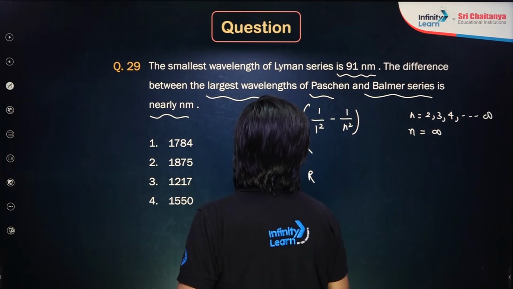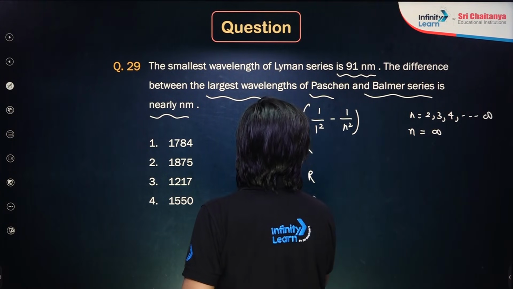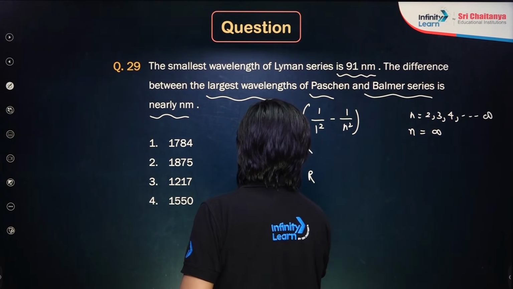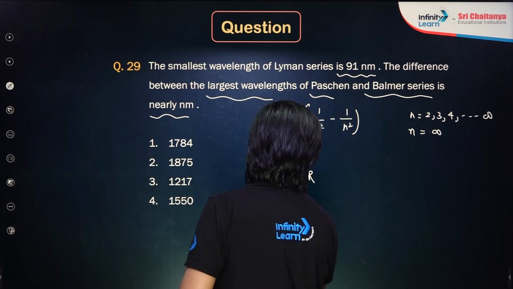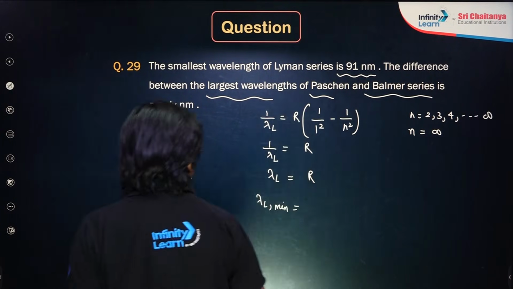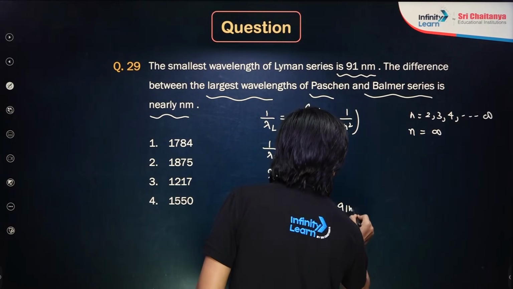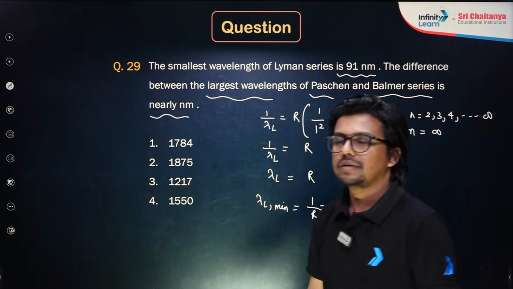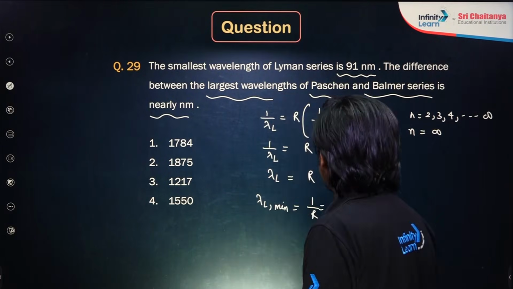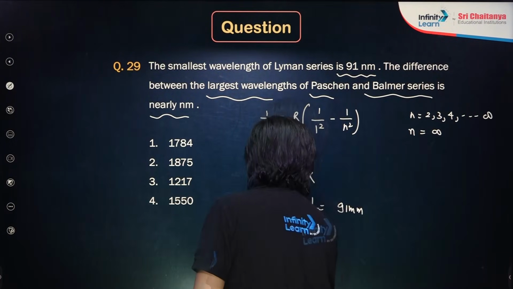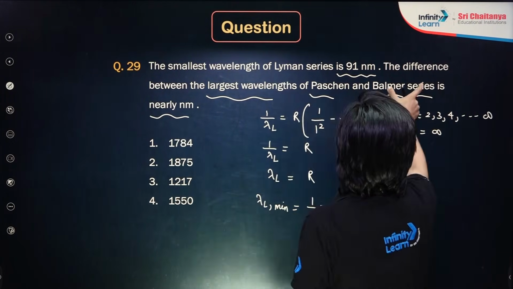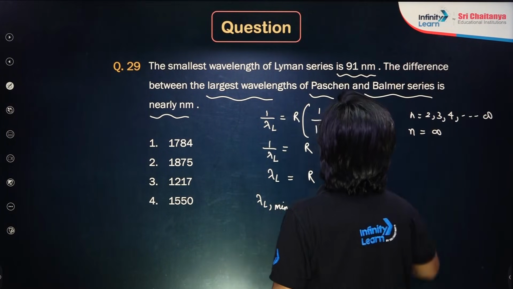Lambda L minimum is going to have this value, that is 1 by R, and it is equal to 91 nanometer. That is one equation I have. Now the difference between the largest wavelengths of Pascal and Balmer.